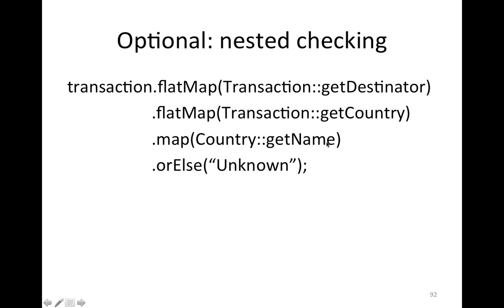And if any of those are null, then return the default value straight away, unknown. So this code is more readable. We can figure out that we want to do some extraction and return a default value. But what's most important is that we can't forget to check whether this is null, because this is encapsulated through the Optional class methods.